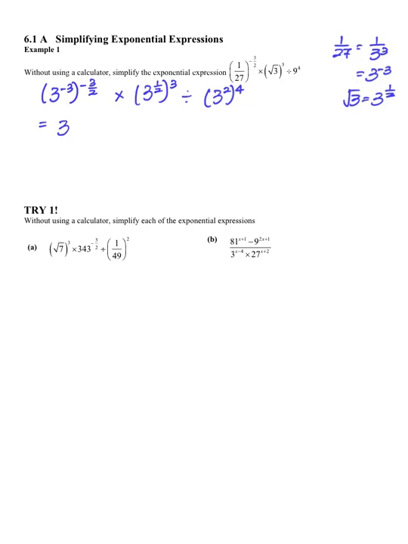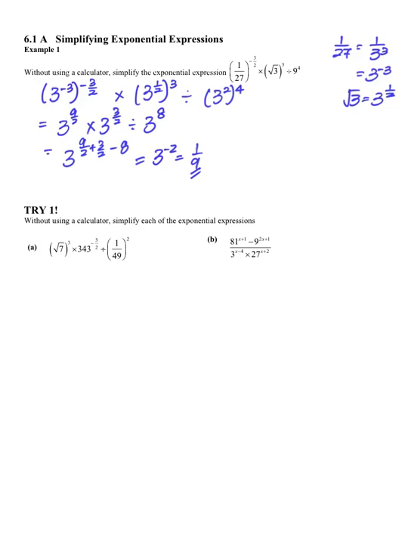So this will be 3 to the power of 9 over 2, times 3 to the power of 3 over 2, and then divide by 3 to the power of 8. Your law of indices says that you will add the power when it's multiplication, and minus the power when it's divide. So this is actually 3 to the power of negative 2, so simplify it, 1 over 9.